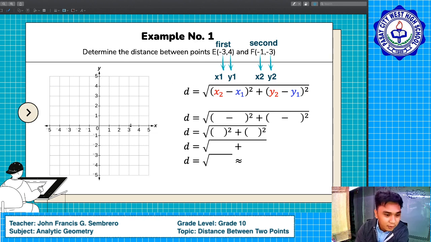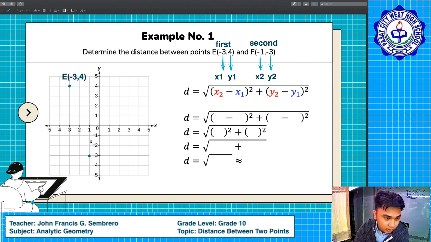So let's first locate negative 3 and 4 here. That's my point E, right? And label the points. E is negative 3, 4. And point F is negative 1 and negative 3 somewhere here. Oops, it got bigger. There we go.